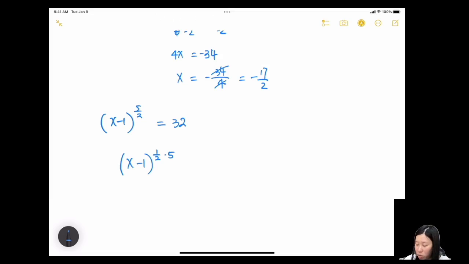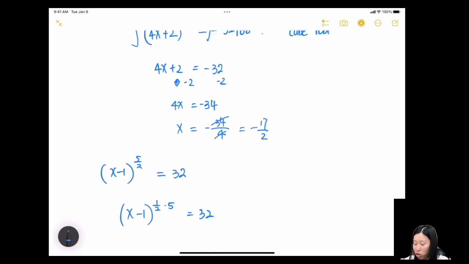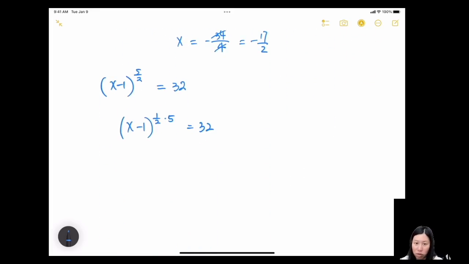They're the same either way. So since earlier we did the fraction first, now I want to do the opposite, which is 1/2 times 5. Okay, to get rid of the 5th power, you want to take the 5th root on both sides.